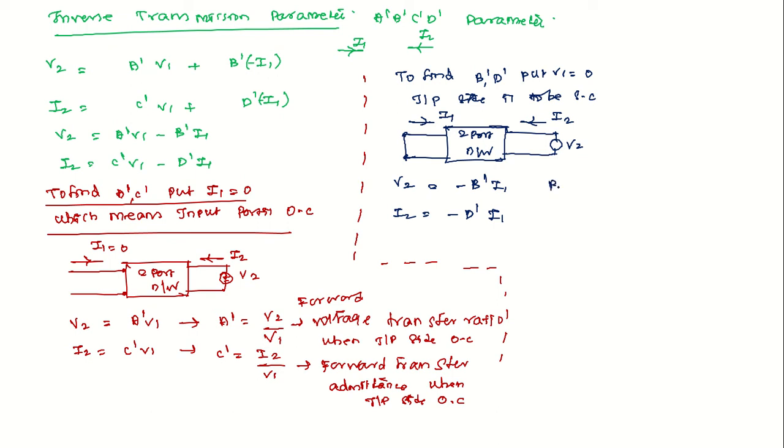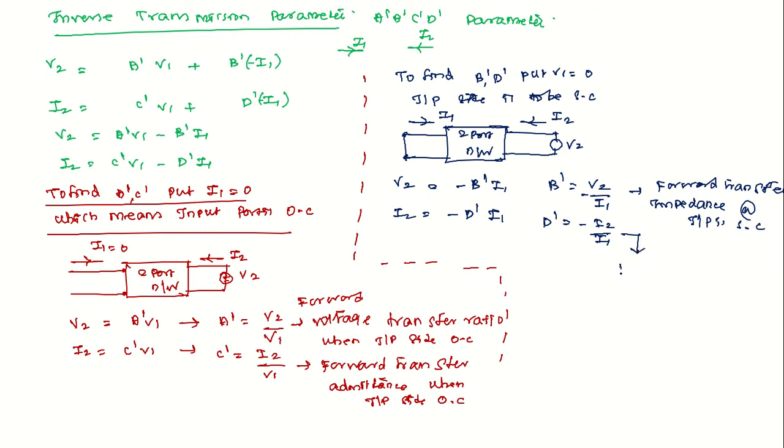So we can write B dash equal to v2 by i1, and D dash equal to minus i2 by i1. Here B dash is v by I, which is impedance, so it is called the forward transfer impedance when the input is short circuited, and this i2 by i1 is called the forward current ratio when the input is short circuited.